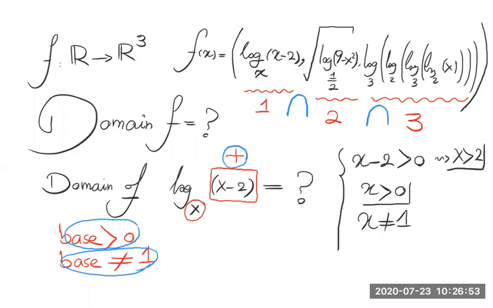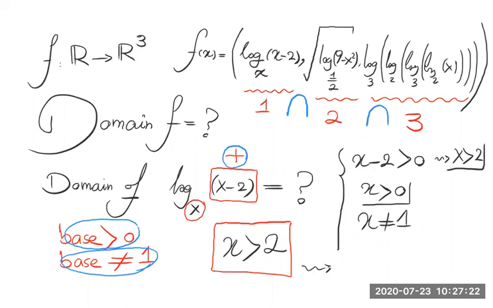The third one says x shouldn't be 1. We must have these restrictions at the same time. What is the intersection of all of these things? X should be greater than 2, x should be positive. Of course, x should be greater than 2. X can't be equal to 1, well, it wouldn't be if it's greater than 2. So the answer for the first function is x greater than 2.